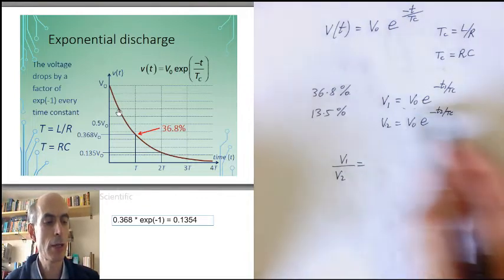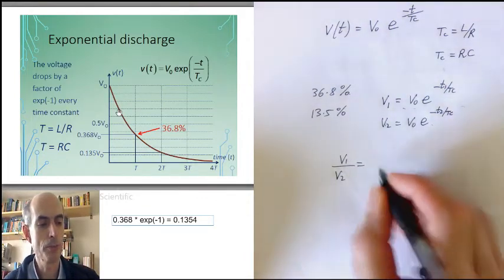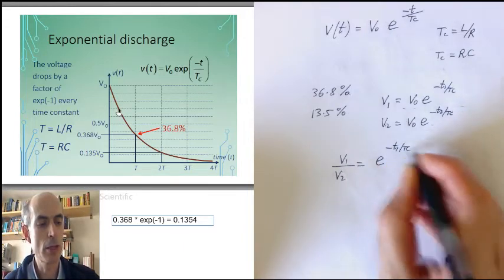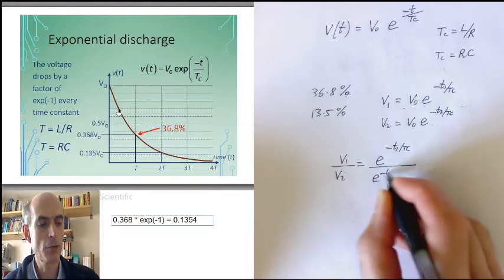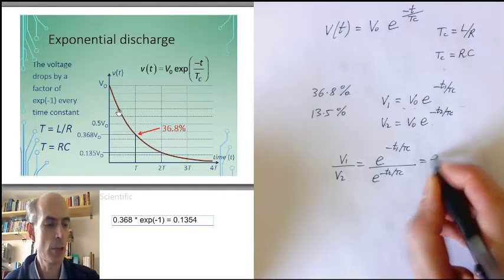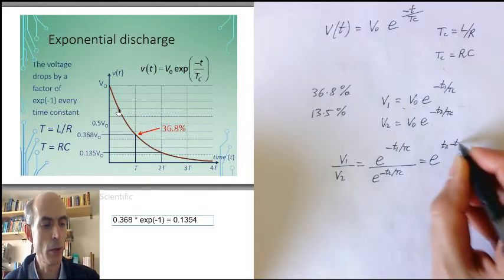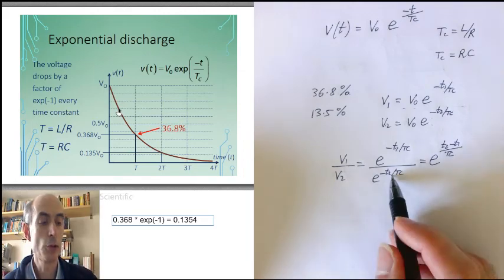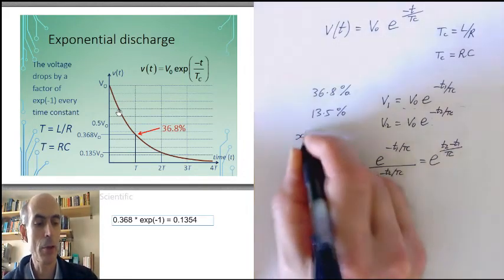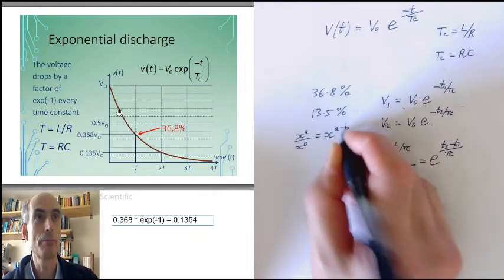If we divide the right-hand side of these equations, the V naughts would cancel, just leaving us with e to the minus T1 over Tc divided by e to the minus T2 over Tc. Well, that is equal to e to the power of T2 minus T1 over Tc, using the property of exponents that x to the power of a over x to the power of b is x to the power of a minus b.